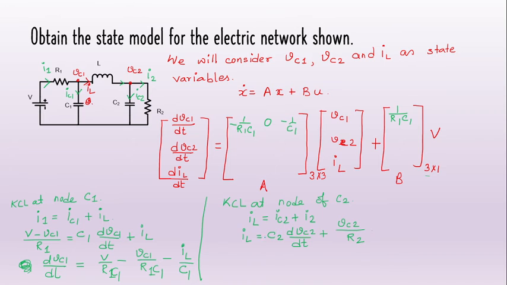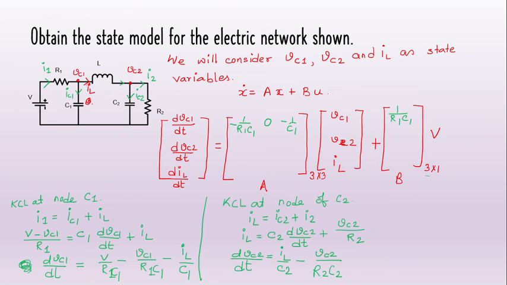If I take dVC2 by dt on the left hand side, I find IL divided by C2 minus VC2 by R2 C2. So this is the second equation.